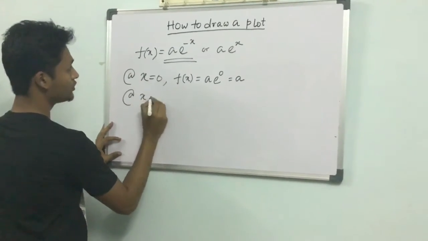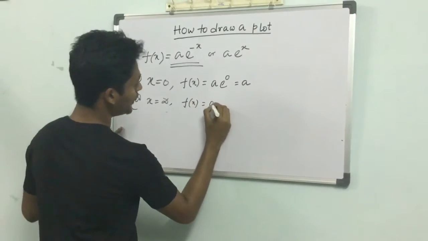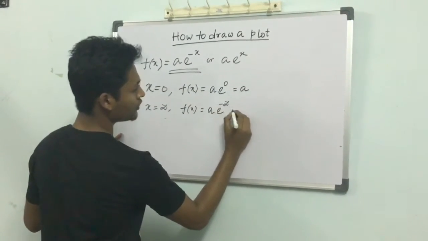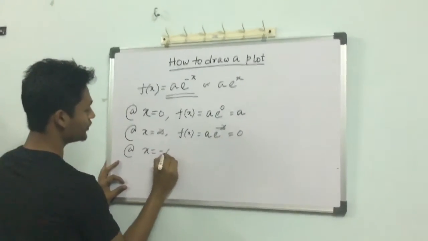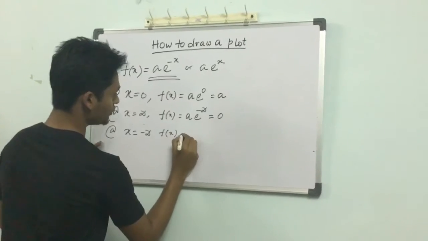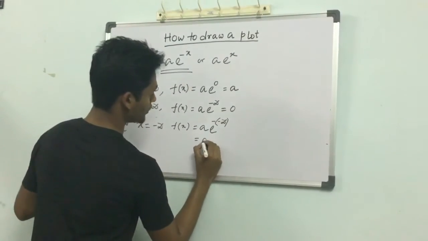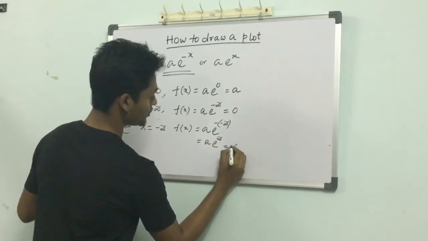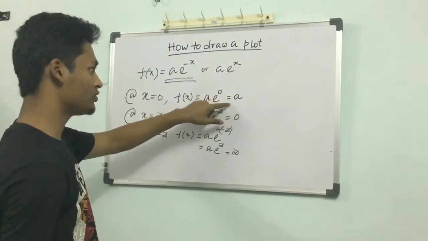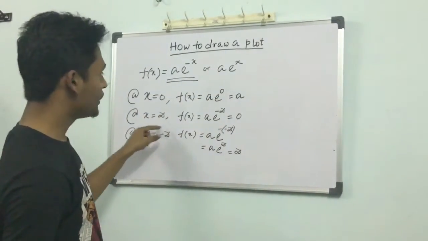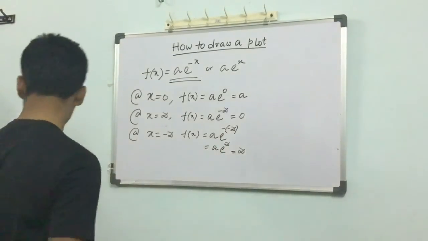At x equals infinity, f(x) is going to be a e to the power minus infinity, which equals 0. And at x equals minus infinity, f(x) is going to be a e to the power infinity, which is infinity. So at 0 it gives you a constant value a, at infinity it gives you 0, and at minus infinity it gives you infinity.